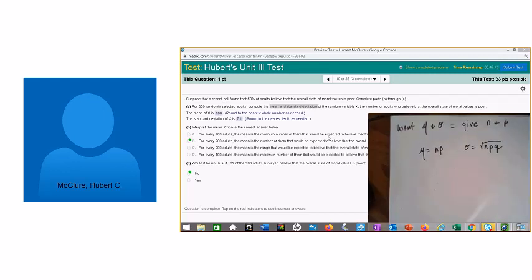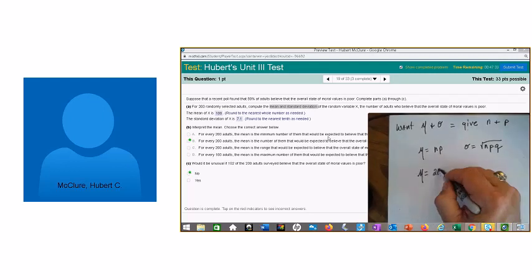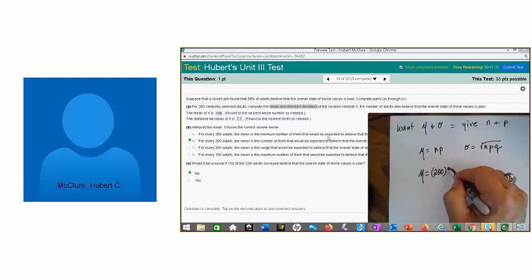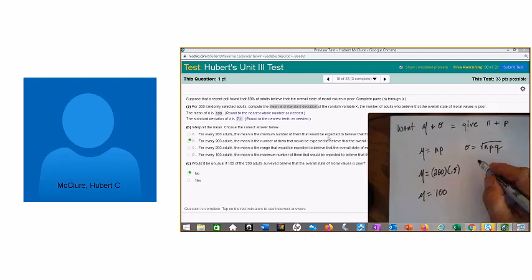If you use your calculator on this one, I'm not going to speak to you. Mean is equal to 200 times 0.5. Mu is equal to 100. Oh my gosh, this is so easy.